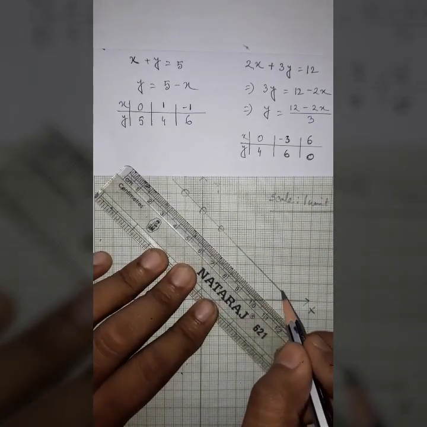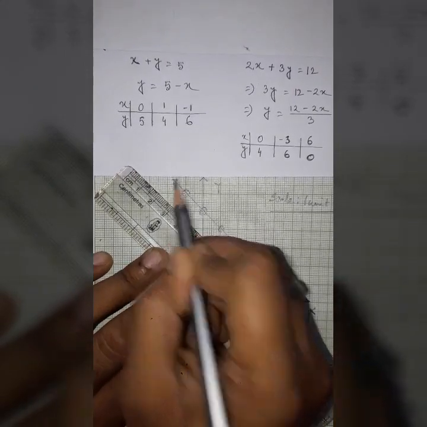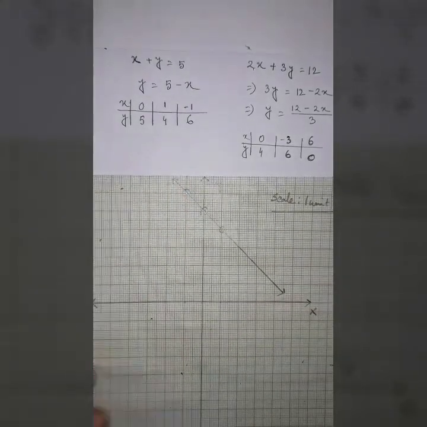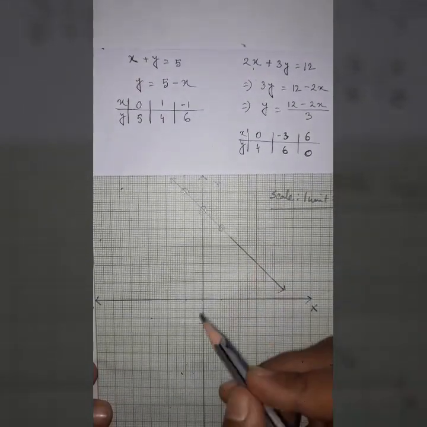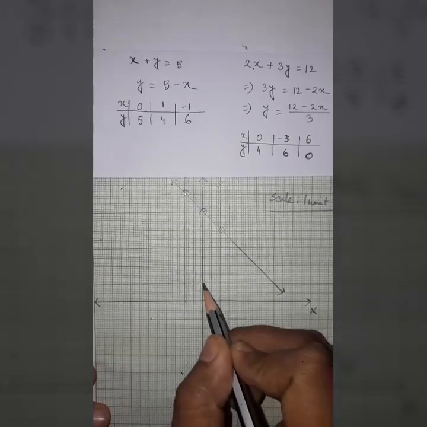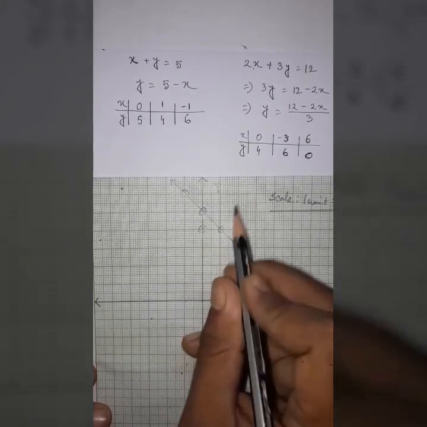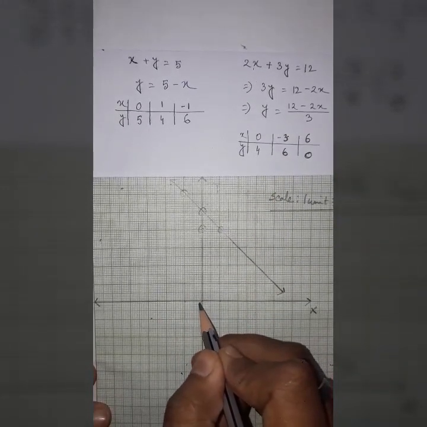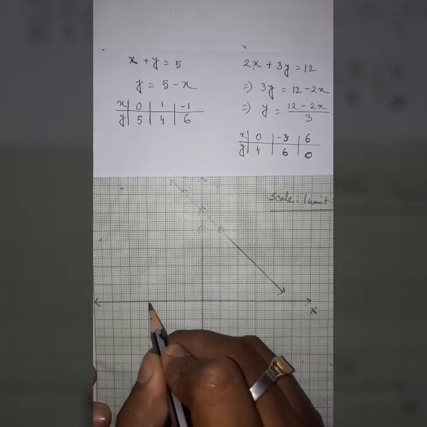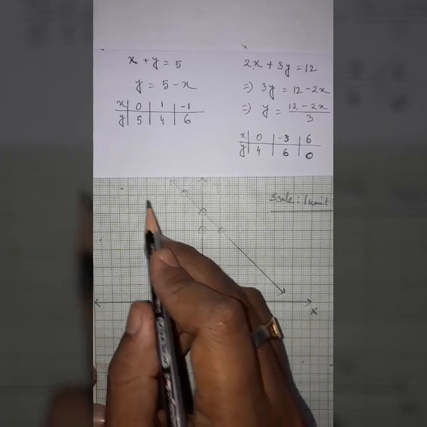This is the graph of the first equation, that is x plus y is equal to 5. After that the second equation, what is the first point? 0, 4, x is 0, y is 4, 1, 2, 3, 4, this is the point. Then x equal to minus 3, y is 6, 1, 2, 3 and y 6, 1, 2, 3, 4, 5, 6.